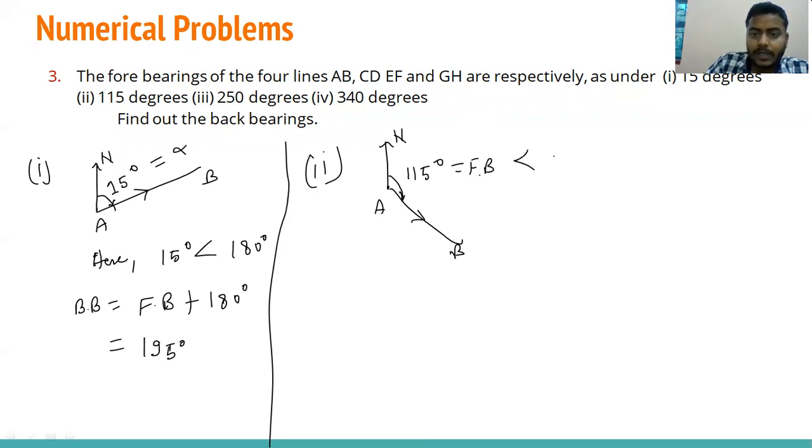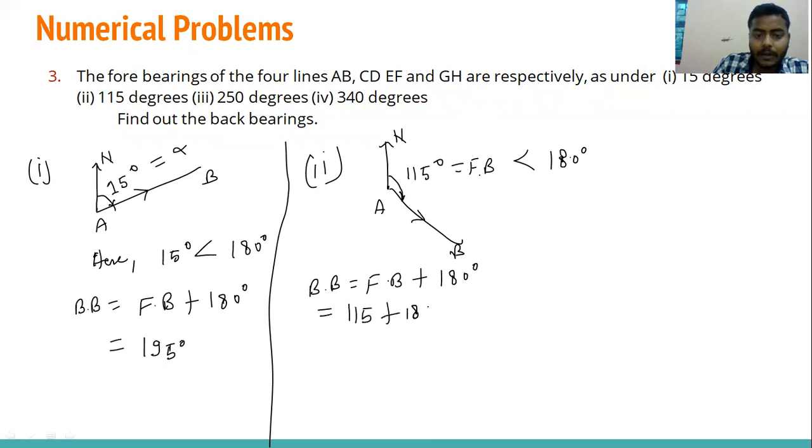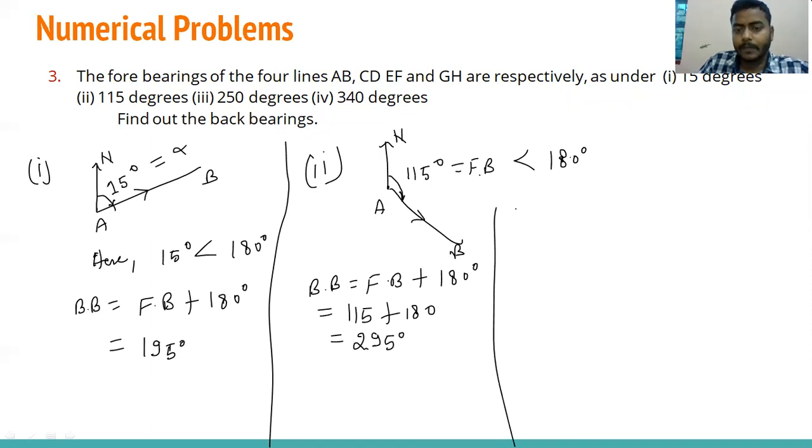Now the fore bearing is also less than 180 degrees, so we will apply the same formula: back bearing is equal to fore bearing plus 180 degrees. It will come 115 plus 180. What is this? 295 degrees. Any problem? No. Good. Now the third.